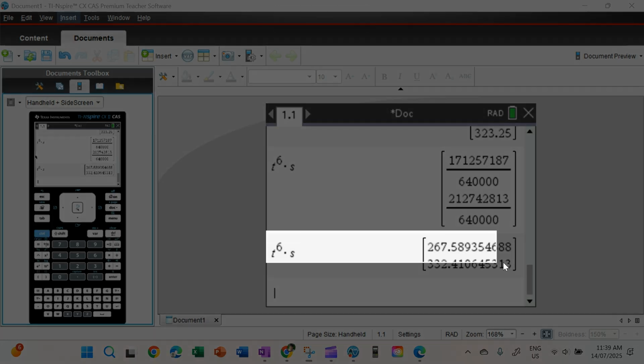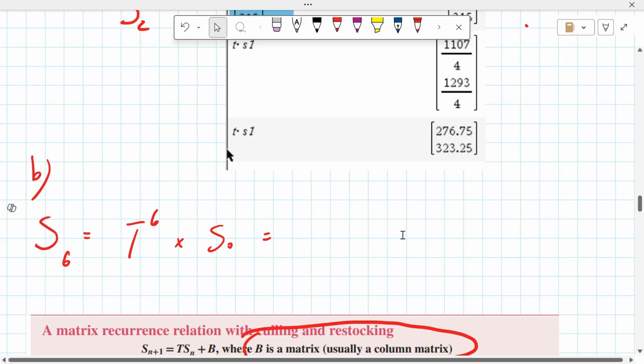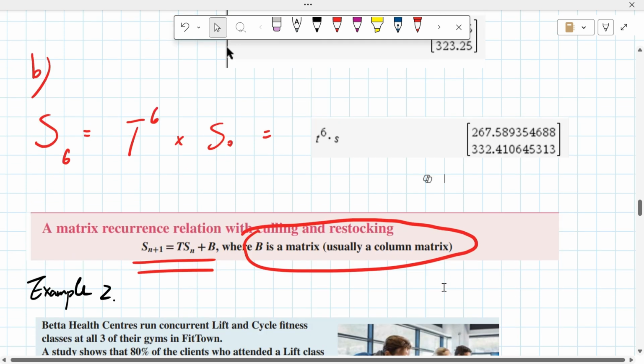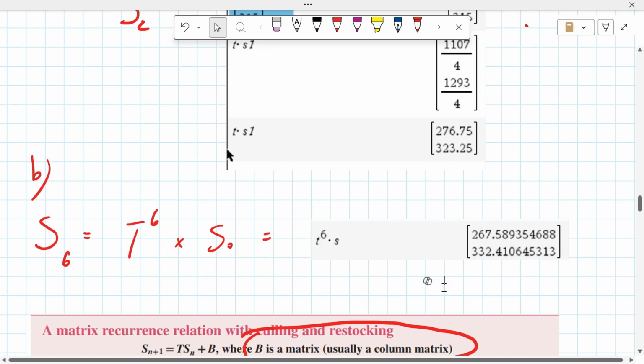That's your answer. So we use a CAS calculator, and this is a transition matrix.